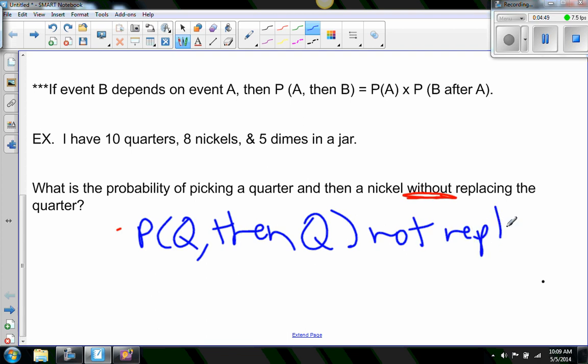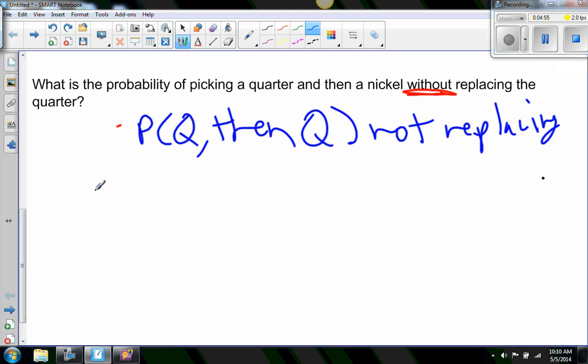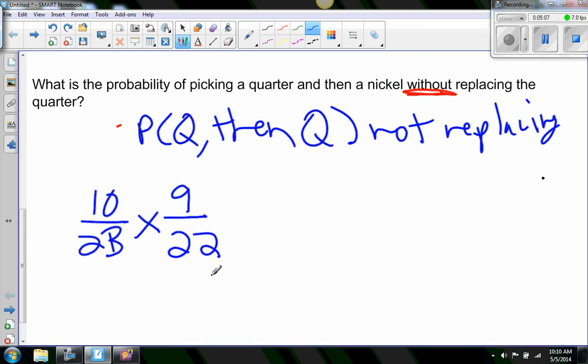The probability of quarter the first time is 10 out of 23, right? And the probability of a quarter the second time: if I don't replace the first quarter, I now have 9 quarters, and I have 22 coins. Do you see how that's changing? Now let's compare that to, let's say I want a quarter and then a quarter, but I do replace, right?